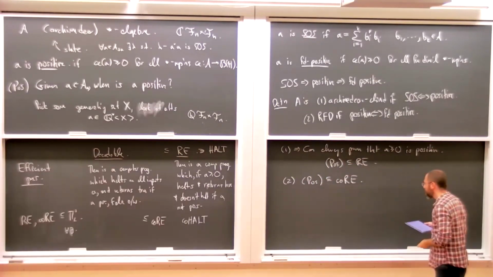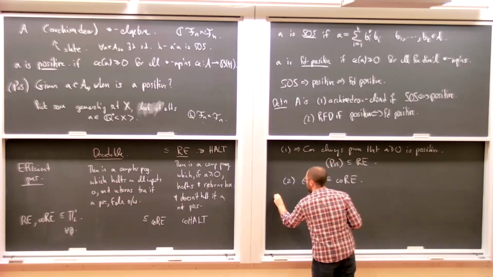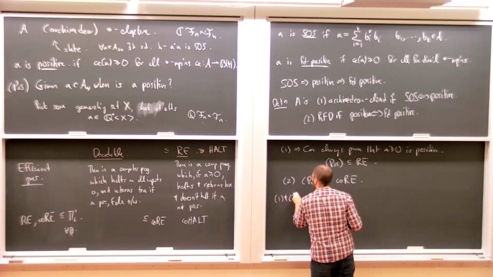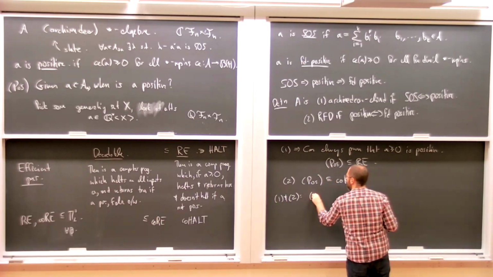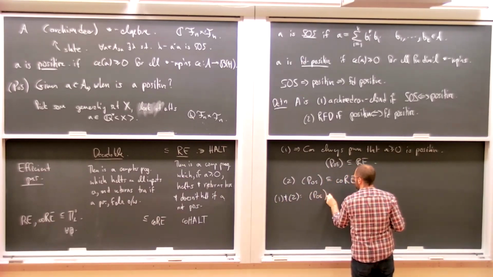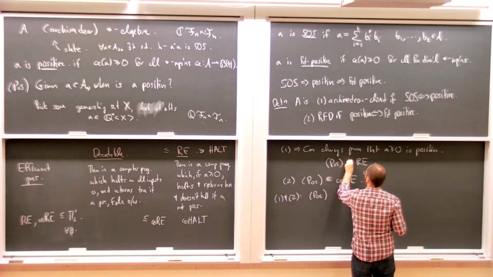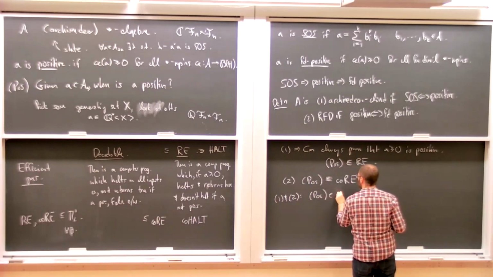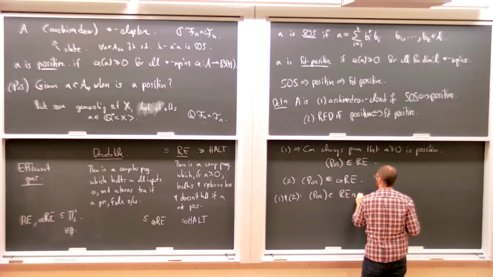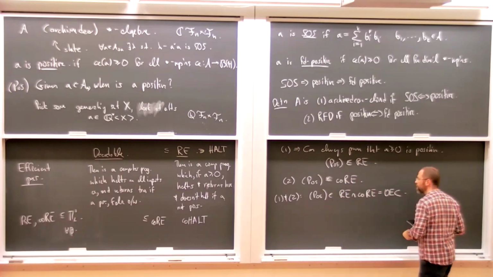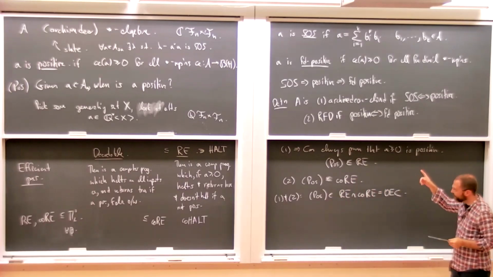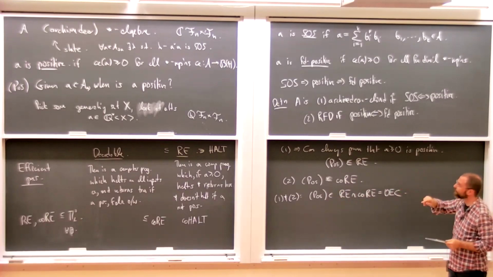And then if you have 1 and 2, then you're in RE and co-RE, right? And it turns out that's the set of decidable problems, right? So if we know that 1 and 2 both hold, we have a procedure for deciding positivity.